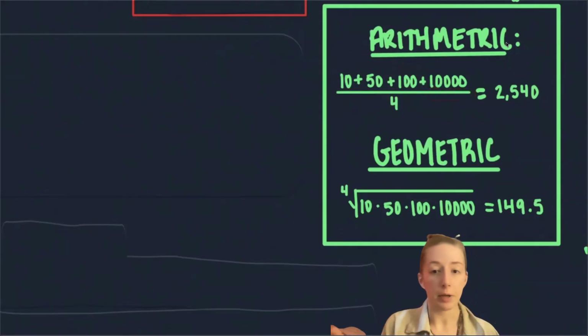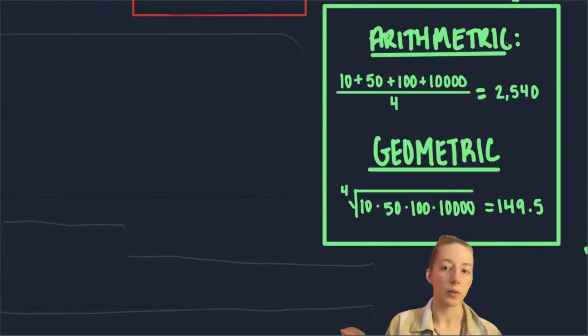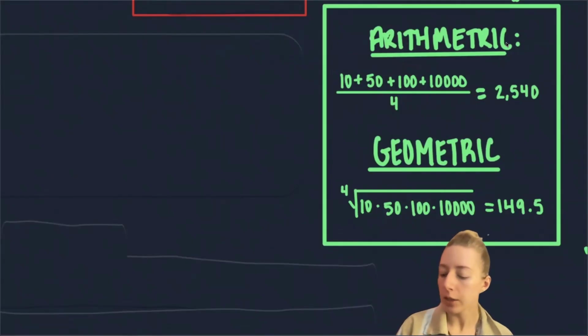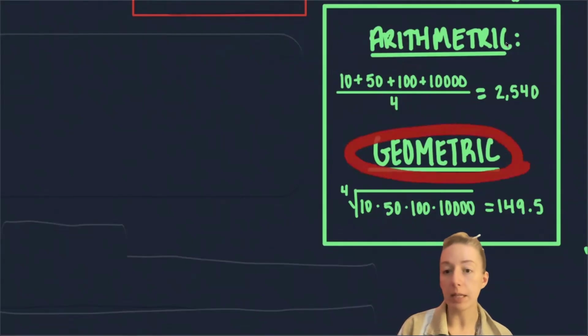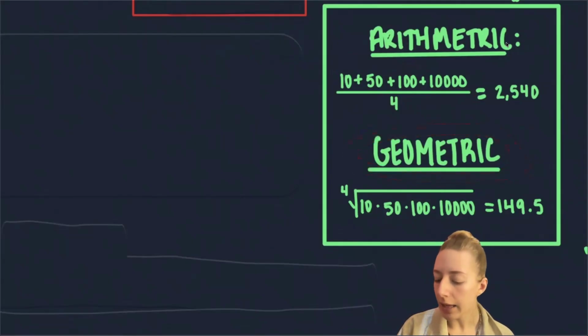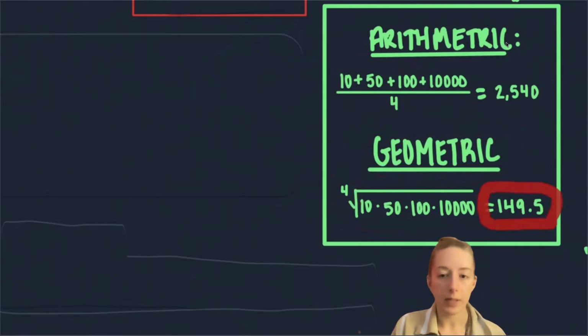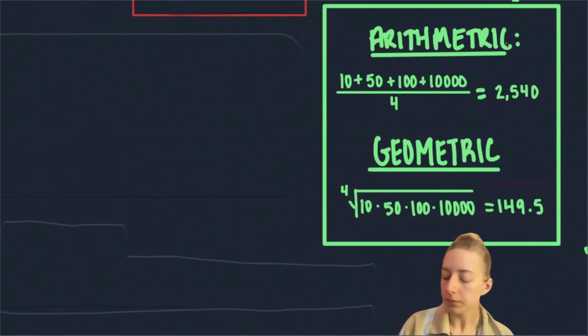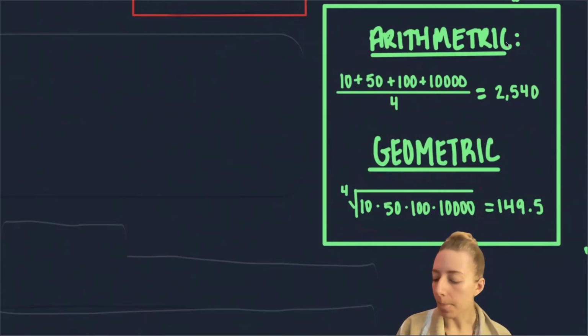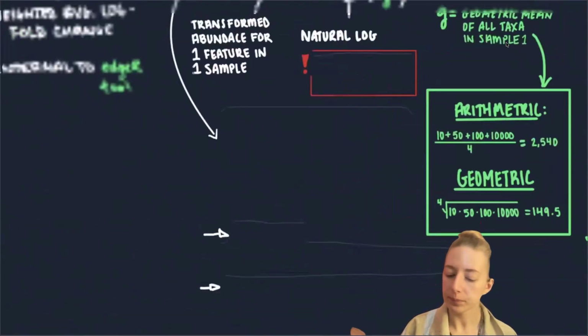This happens a lot in microbiome data, where extremes are able to pull the average. So we use the geometric mean, which multiplies each of the numbers and then takes the root based on how many there were. What we get as a result is 150, an average that is much closer and less pulled by the extreme values.